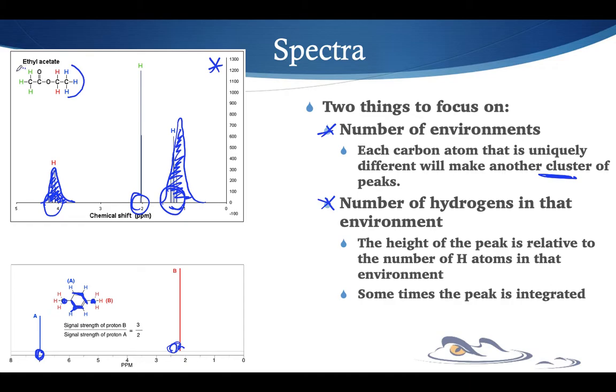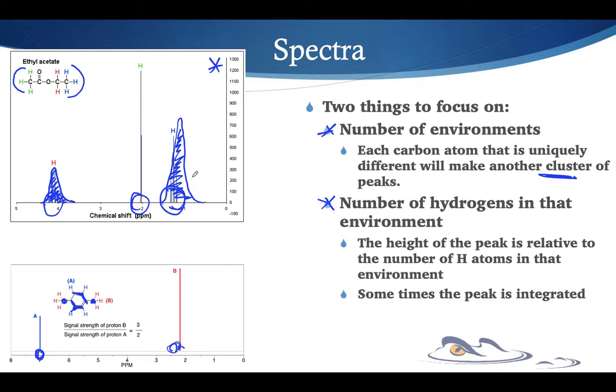Here is the green environment, and it also has 3 hydrogens on it. So how am I supposed to tell that these two have the same number of hydrogens in each environment? That's where integrating the curve comes in. Because this one is wider and shorter, and this one is skinnier and taller, the computer can look at these and integrate them and come up with a relative amount for each one of these.